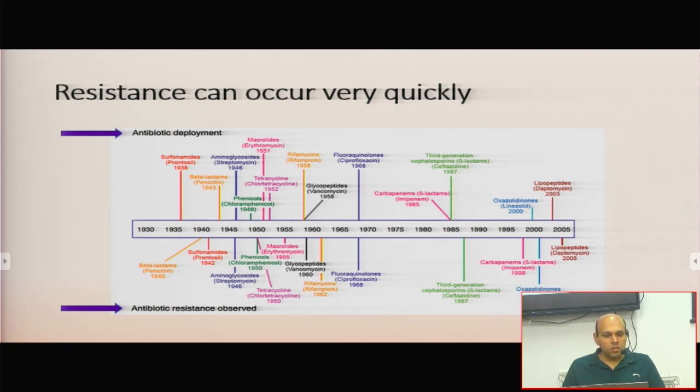So this is a new slide which you have not seen earlier. On the top end you can see when the antibiotic was deployed for use, and you can see when the resistance has emerged in the bottom panel.